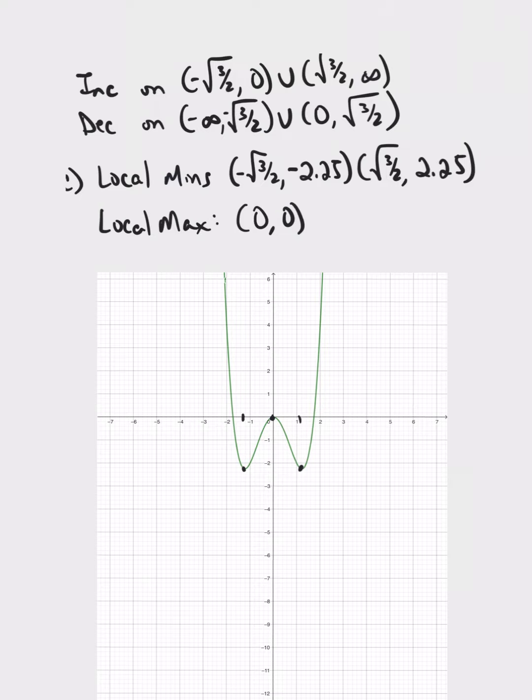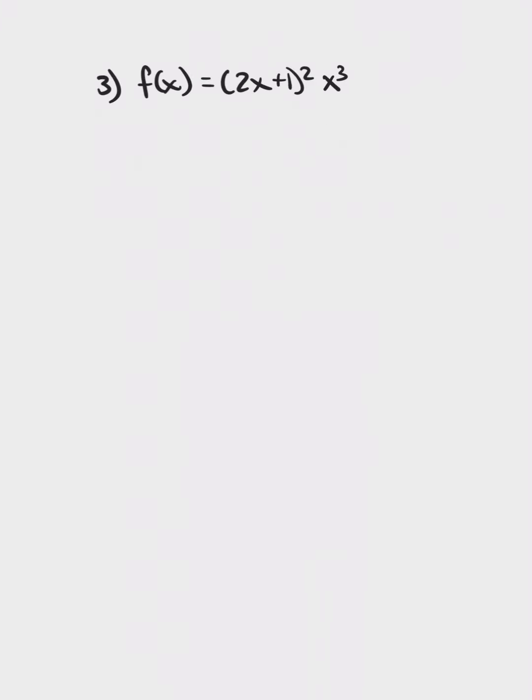I said it's increasing from negative square root of 3 over 2 to 0. That makes sense. And square root of 3 halves to infinity. That makes sense. Decreasing negative infinity to negative square root of 3 halves. All right. And 0 to positive square root of 3 halves. That makes sense. And then we have these 2 local mins at the square roots, and we have a local max at 0, 0, so everything looks good.